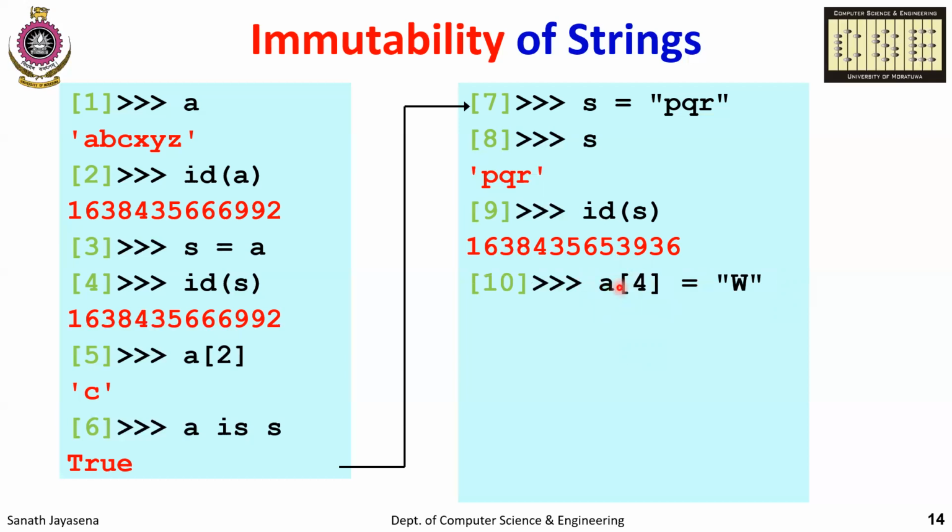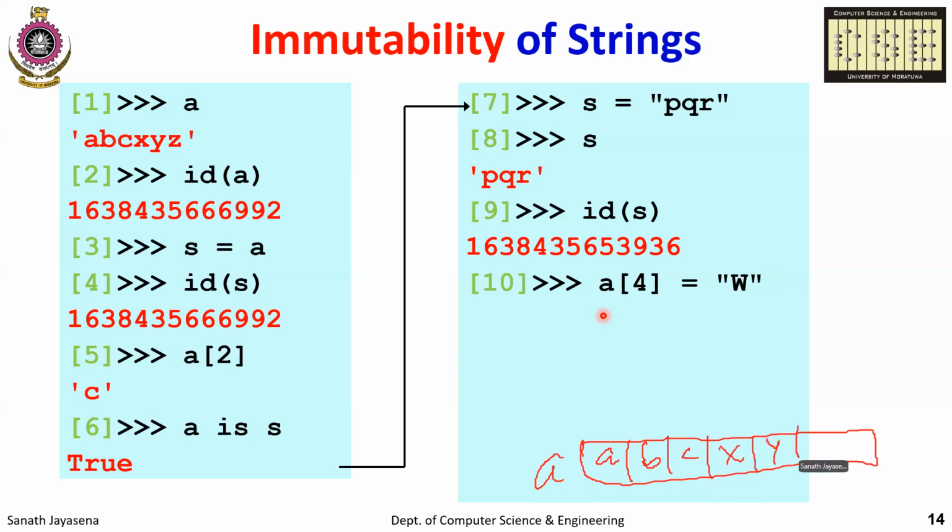Here we are trying to set the value at the fourth index of this string A. Remember, string A is basically A, B, C, X, Y, Z, with indices 0, 1, 2, 3, 4, 5.